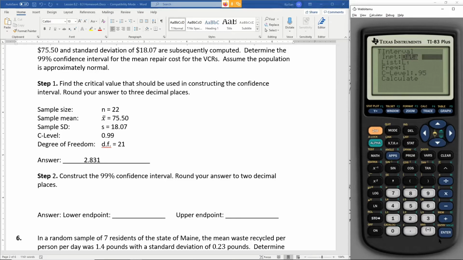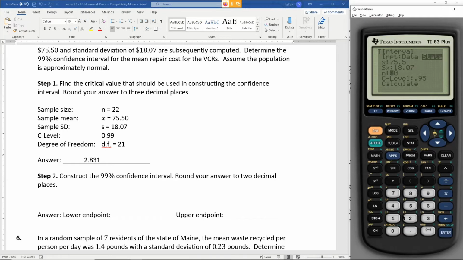Now we're going to use Stats, not Data; we're going to use Data later. So what's the sample mean? Let me delete all this, it looks a little bit crazy. So that'll be 75.5. That's the sample mean. What's the sample standard deviation? It's 18.07.